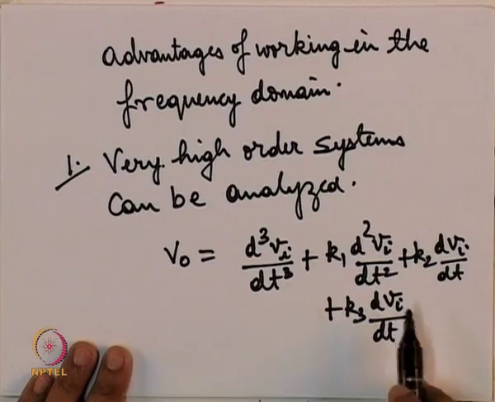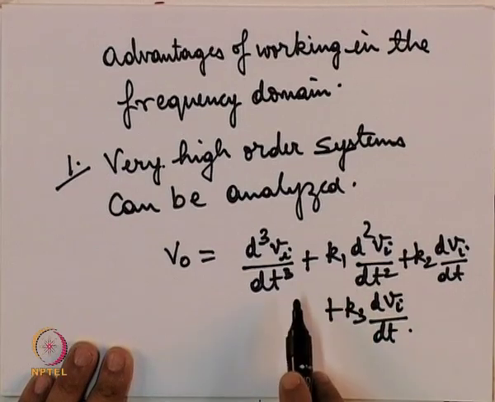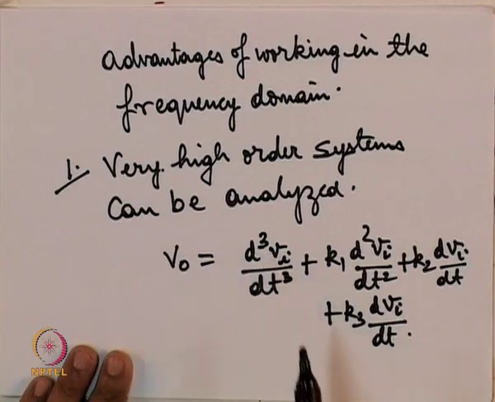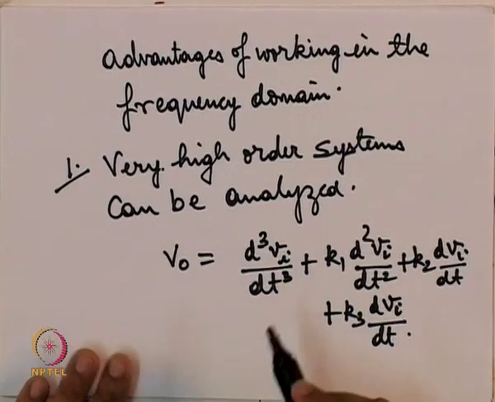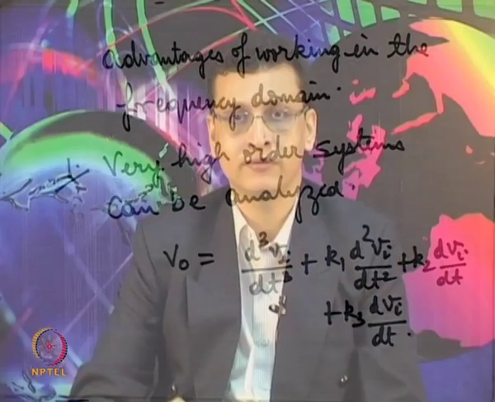So here in this case the order of the system will be 3. This is a linear system, by the way, and since the highest derivative order is 3, the order is also 3. So, the order of a system is the highest order of the derivative that relates the output to the input.